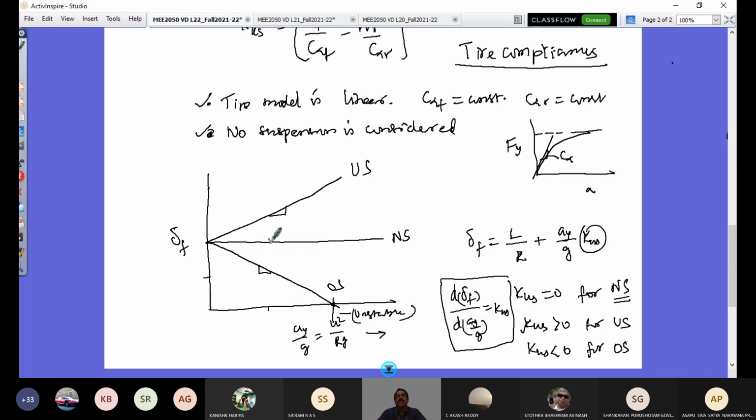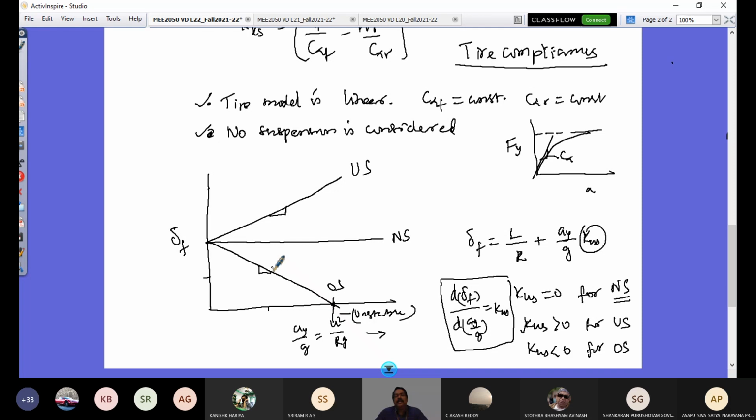That's what you call counter steer, and it can normally be witnessed with Formula One racers. They counter steer the vehicle in a sharp corner at high speeds. Right? So this is the steady state behavior that we have understood.